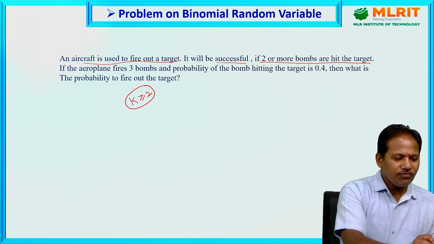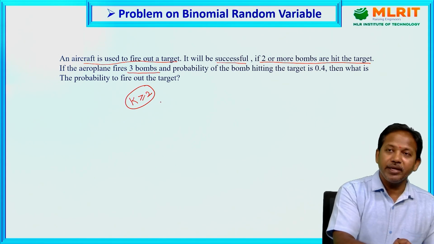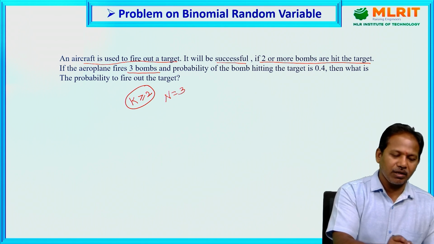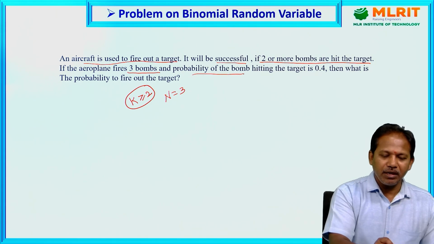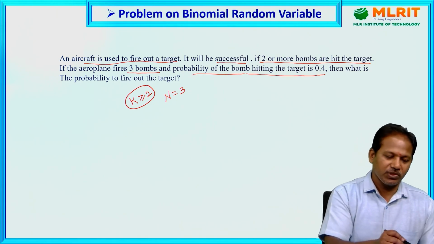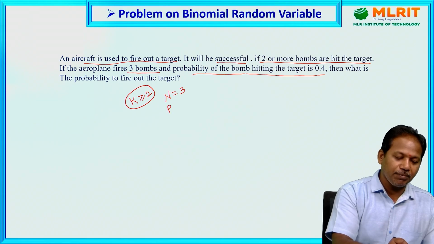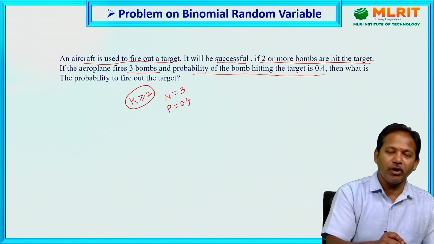Now, if the aeroplane fires 3 bombs, the total number of bombs is 3, so n equal to 3. The probability of a bomb hitting the target is 0.4, so the success probability is p equal to 0.4.